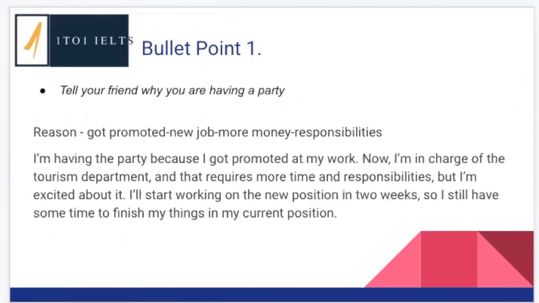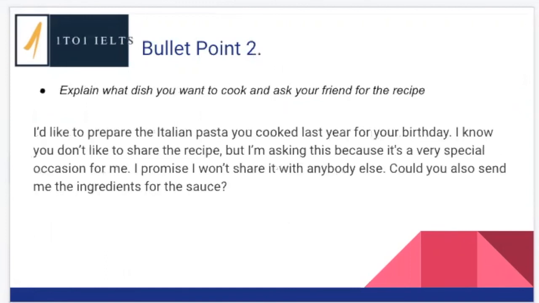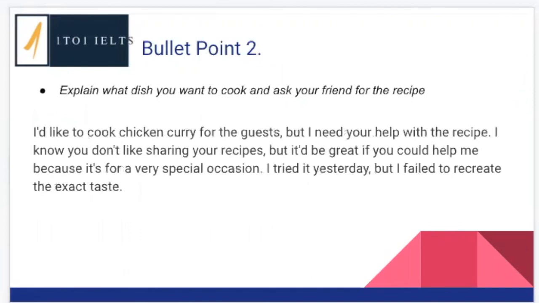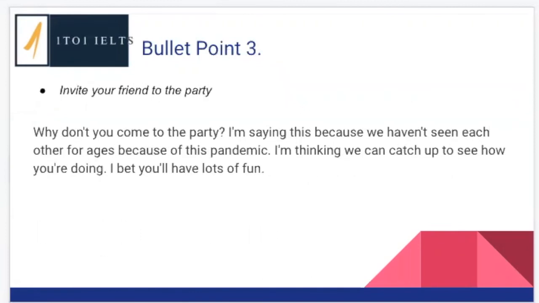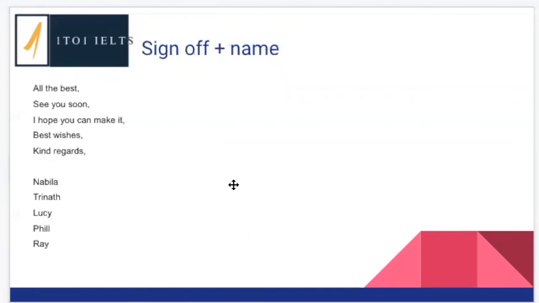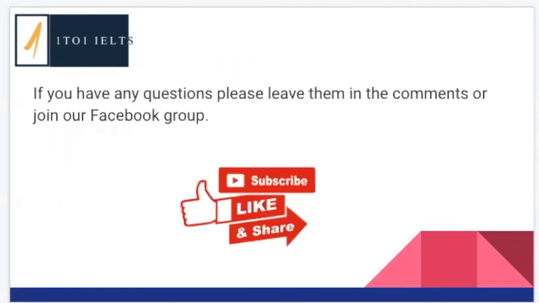Bullet point 2, bullet point 3, and our sign off. So we put all that together, and you have a Band 9 letter. And that's how you write a Band 9 general training, task 1, informal letter. Okay, so you can put them together and you will have a compilation of a Band 9 essay there.